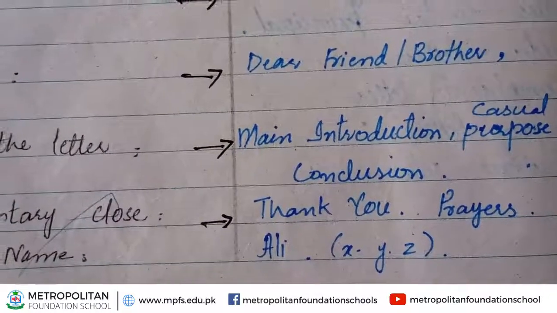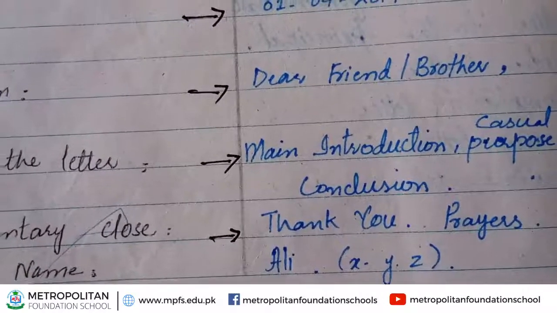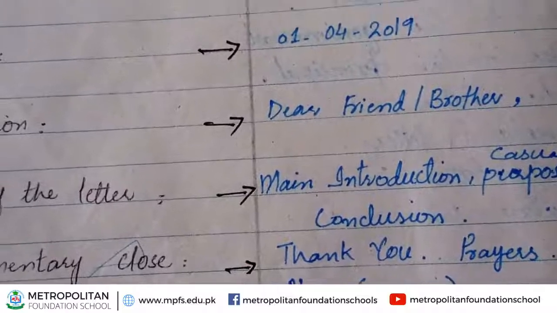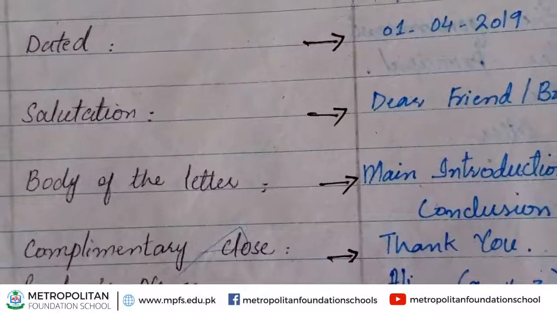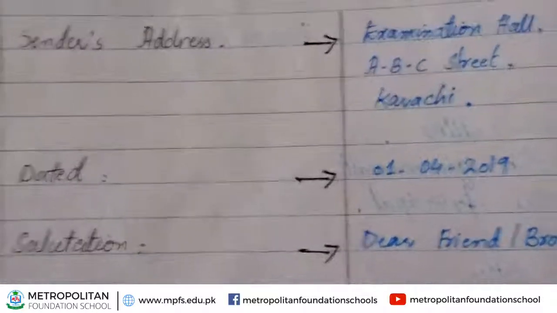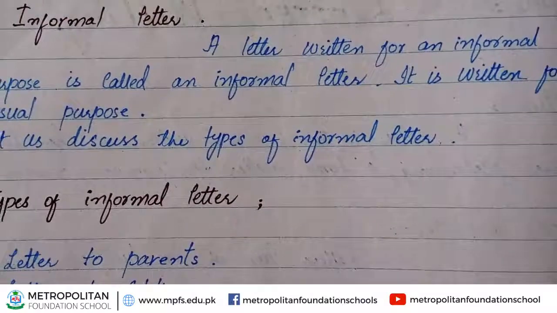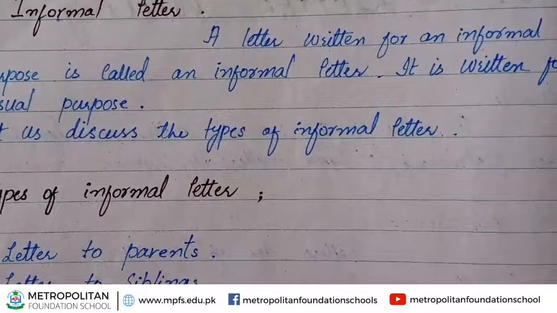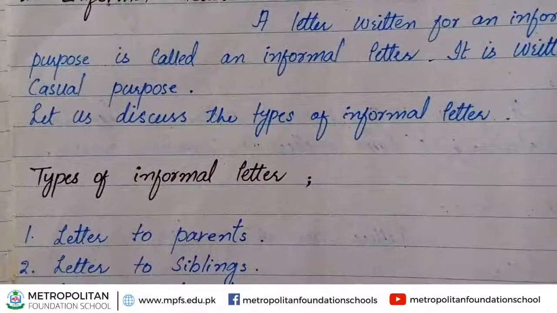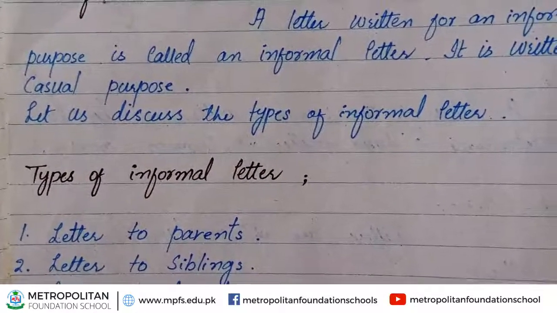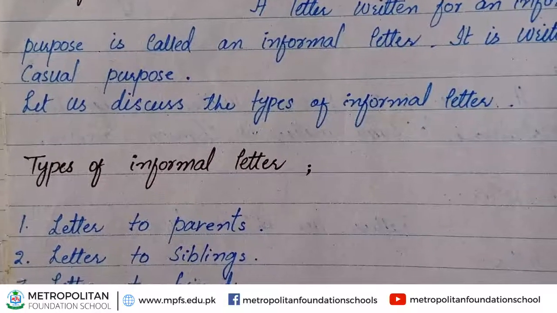Any other name you want to write, you just put it. So that is the informal letter. Now I'm going to give the definition of the informal letter. A letter written for an informal purpose is called an informal letter. It is written for a casual purpose.